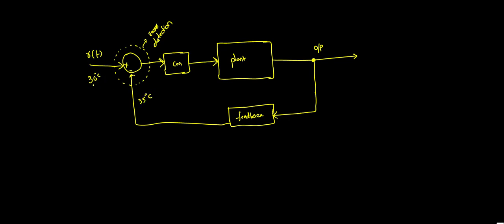The difference between your commanded or reference value and your actual output value is computed in this scenario, and then a command signal is given to the controller to act. That is why it is called the error detection circuit. This type of control system is called the closed loop control system.